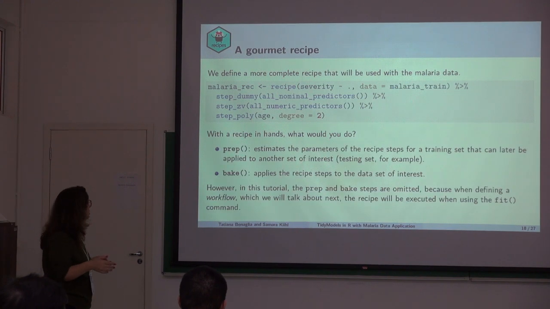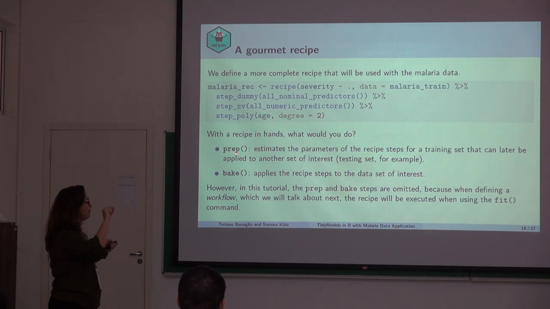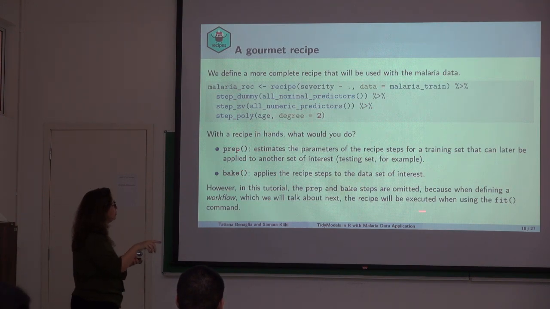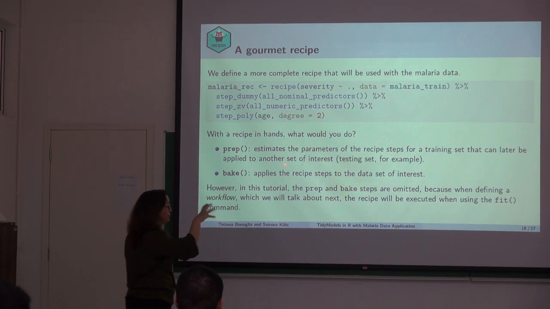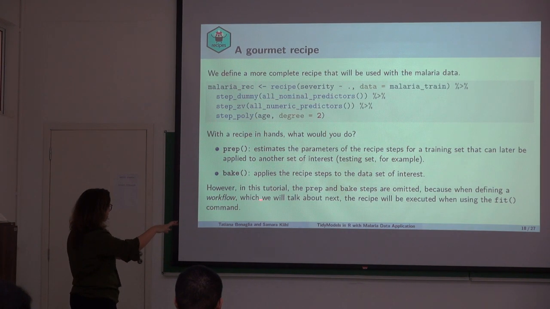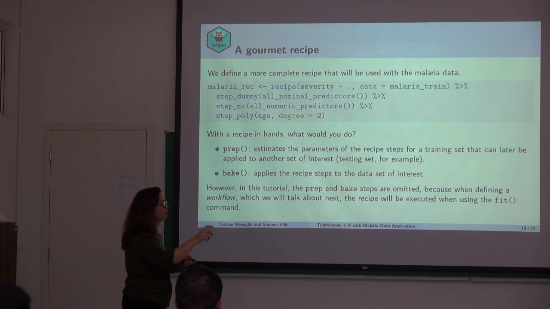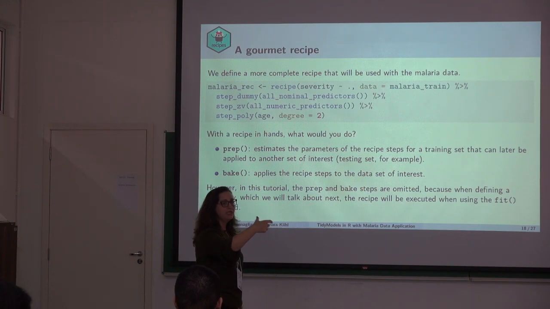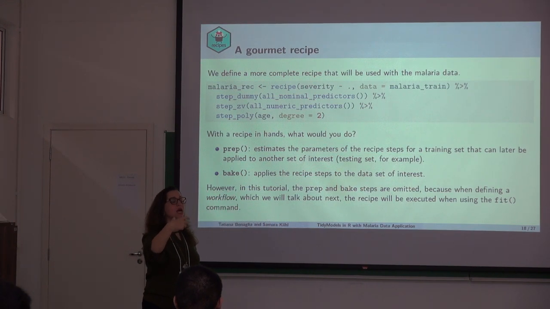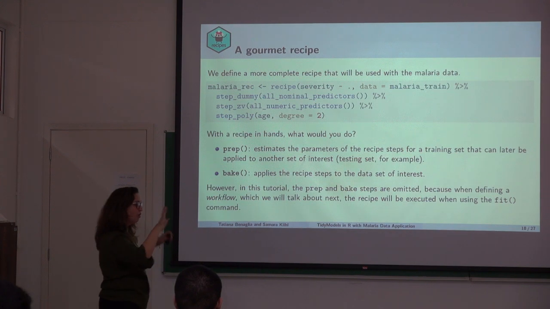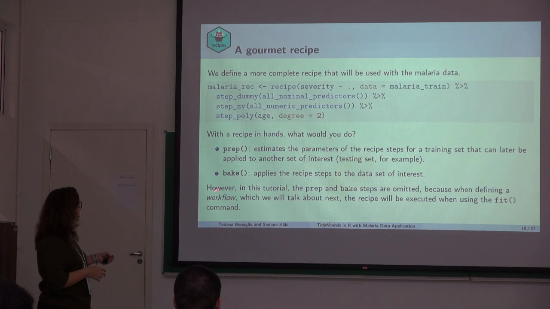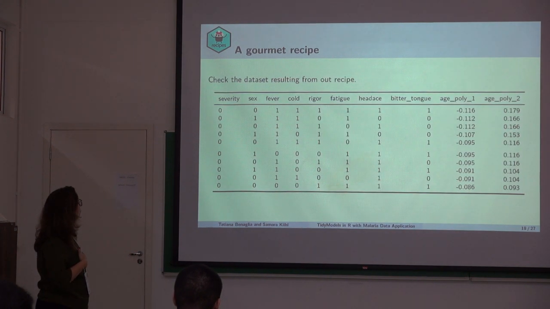Then what do you do? You prepare your recipe and then you bake your recipe. But we're not going to apply these steps because this is going to be done when we include this recipe in our workflow that we're going to talk about soon. And then when we fit our model, it applies the recipe and then fits our model. So it's all together in this object that we call workflow.